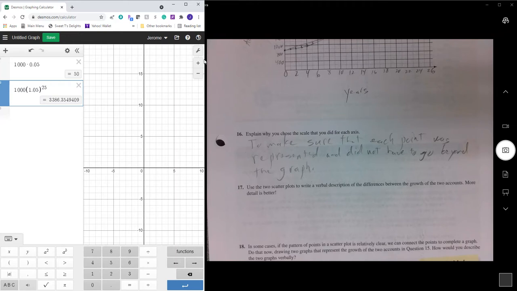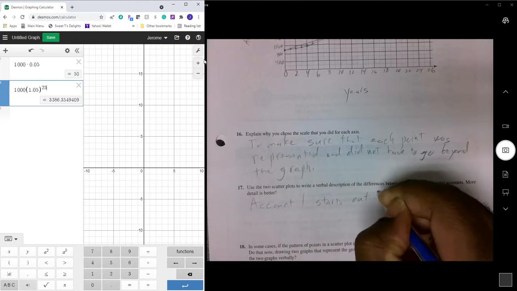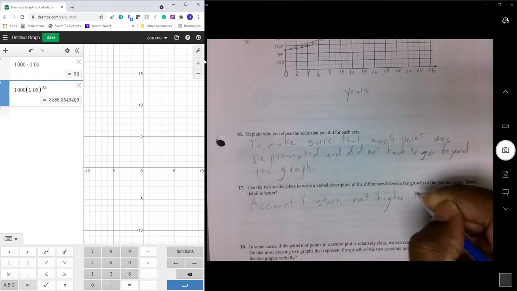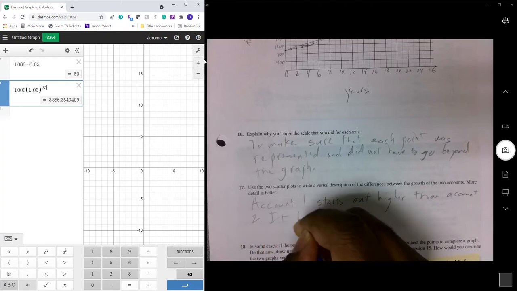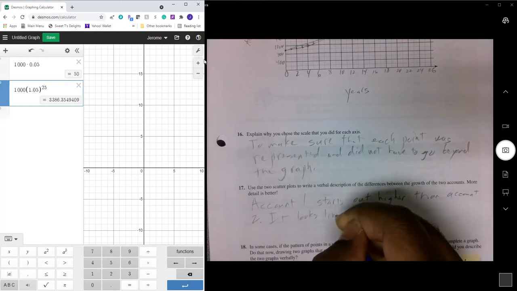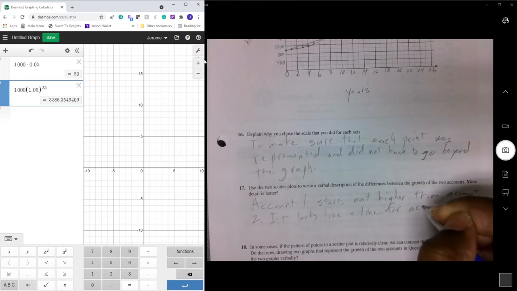Okay, now 17. It says use the two scatter plots to write a verbal description of the differences between the growth of the two accounts. More detail is better. So just to say this, account 1 starts out higher than account 2, and it looks like a line.